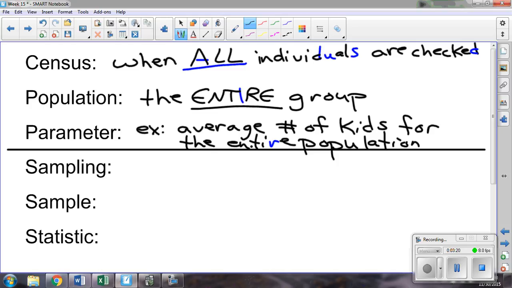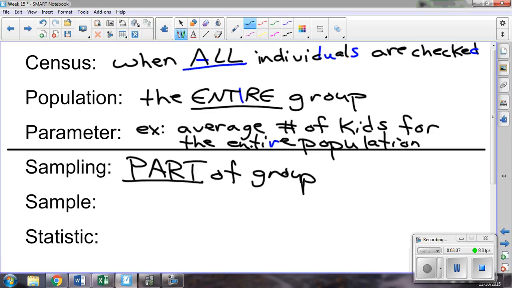The other three things, sampling, sample, and statistic, are the same idea, but it's not the entire group. Sampling is done when only part of the group is checked.